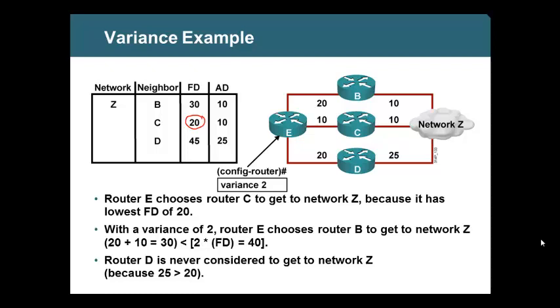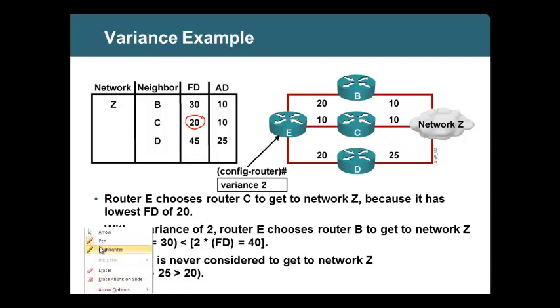I say 2 paths only. Why? Has anyone got an answer why? Maybe because the D does not fulfill the feasibility criteria. Correct.